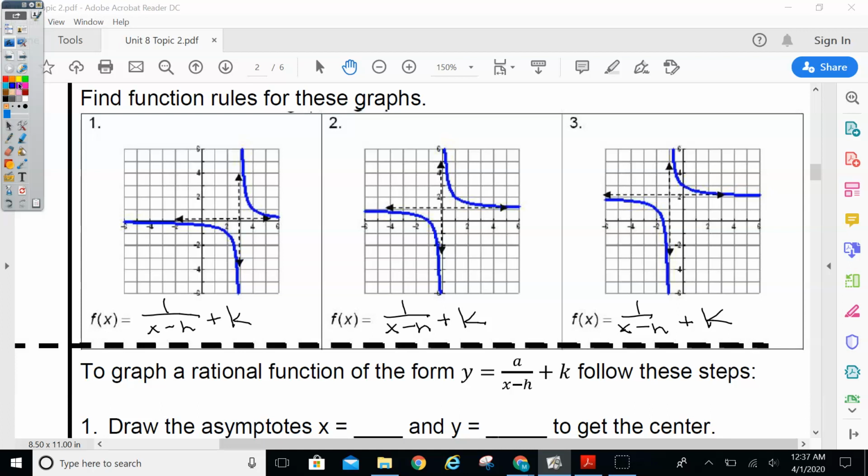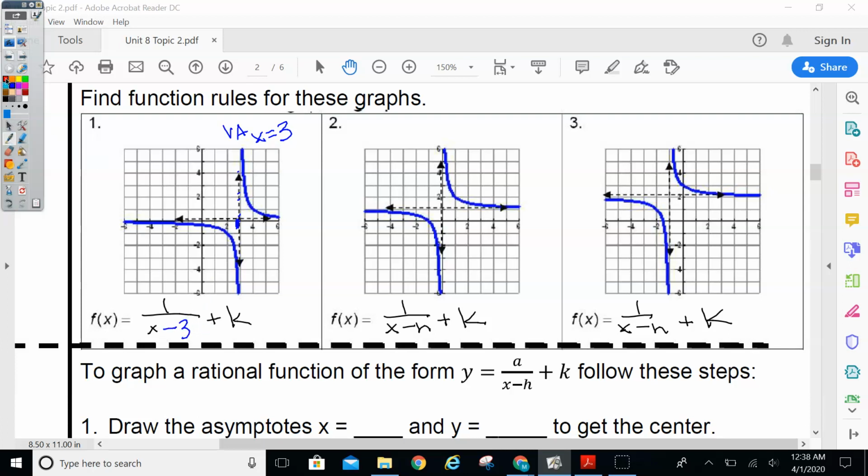So the h is your vertical asymptote. If I look at my graph here, my vertical asymptote is at 3. So the vertical asymptote is x equals 3, which means I want the denominator to be the opposite. So if it's at positive 3, I want it to be at negative 3.